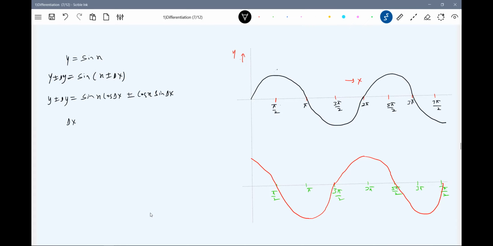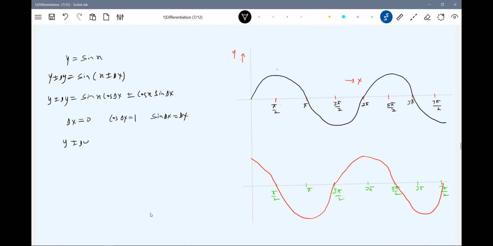If delta x is very small, delta x tends to 0, then cos delta x will be 1 and sin delta x will become delta x. Sin theta, theta very small, sin theta will become theta.